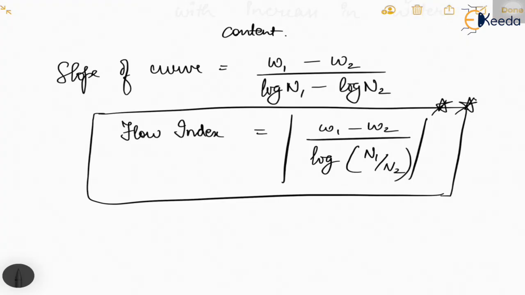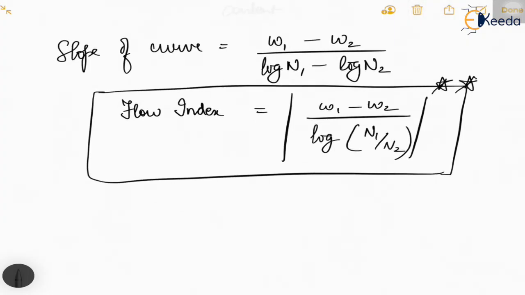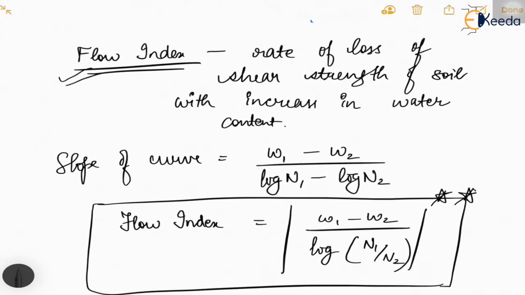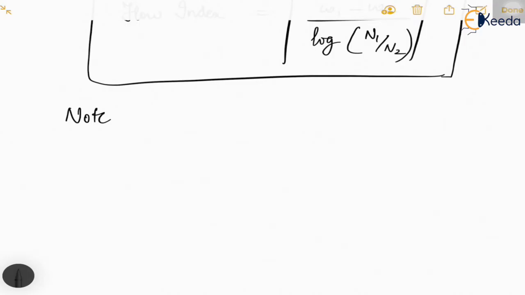Further, there are some important things which we need to note, that higher the value of flow index for a particular soil, lower will be its shear strength. This I have obtained from the theory we have just learned. So I'll quickly write it down for you.